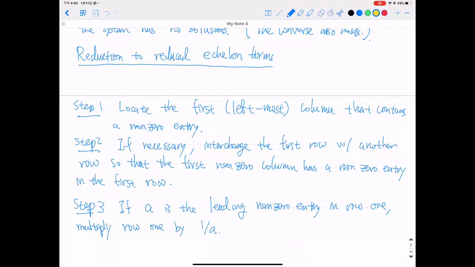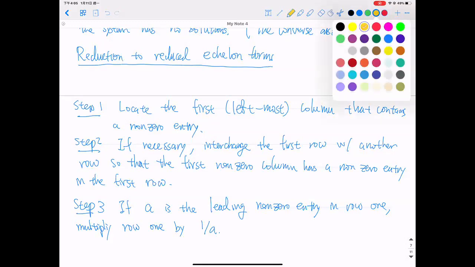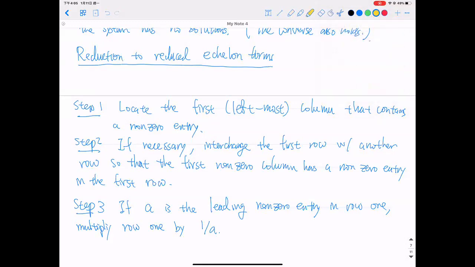Okay, so we see that this second step uses possibly an elementary row operation, right? And the third step also uses such a row operation. You can multiply a row by a non-zero constant.